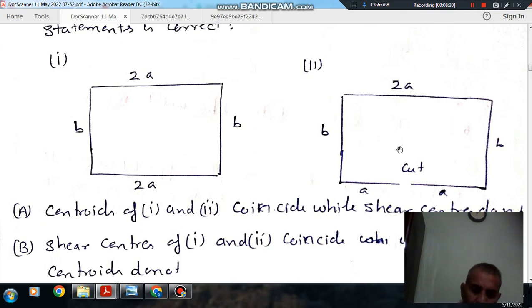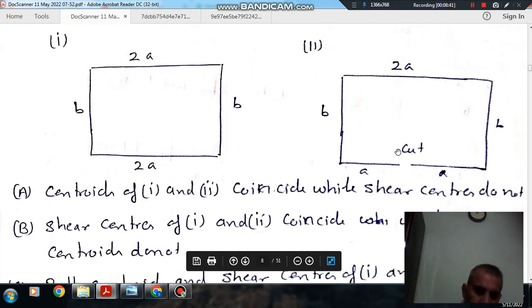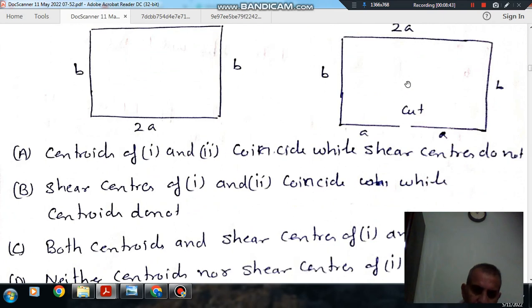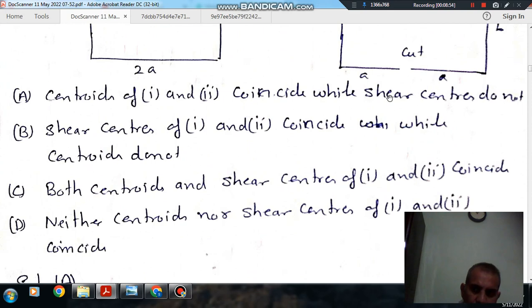That will be the shear center of this. So the centroid of 1 and 2 coincide; the shear center in the closed case is the centroid, and in this case it is something else. So answer is option A, centroid of 1 and 2 coincide while the shear centers do not.